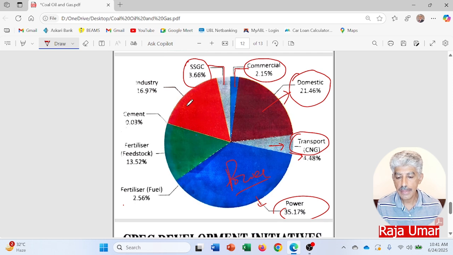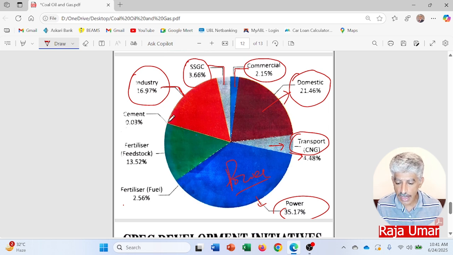And then Sui Southern Gas Company, that is 3.66%. And then other industries like cement, or smaller industries like chemical ones, are consuming 16.97% of the natural gas production in Pakistan. And then the cement industry, a very small quantity, 0.03% of natural gas.